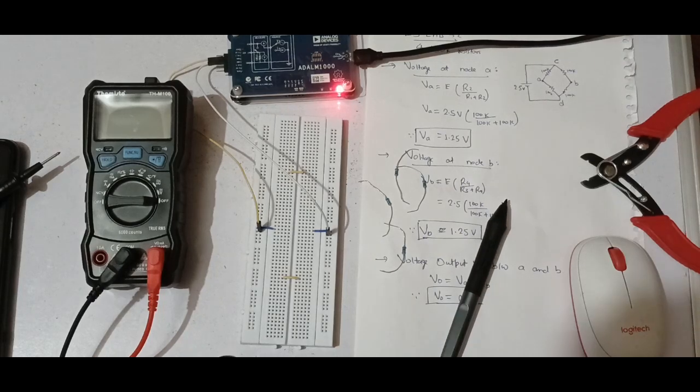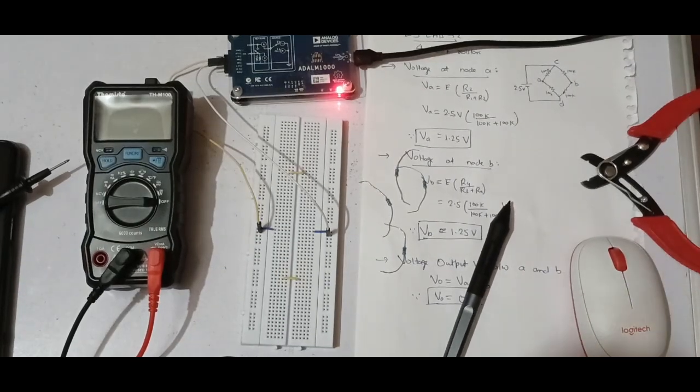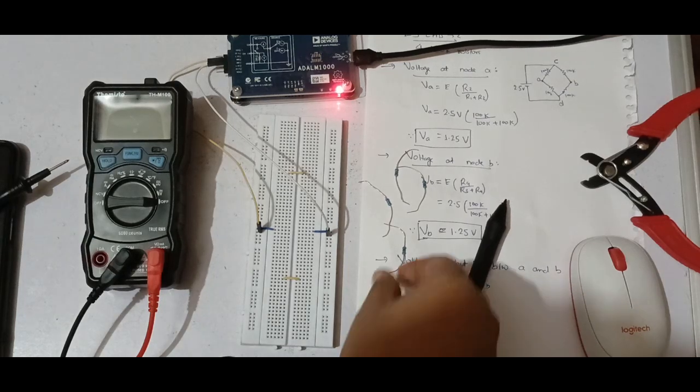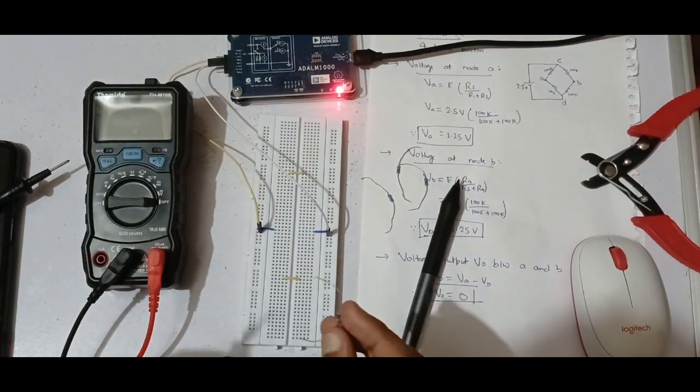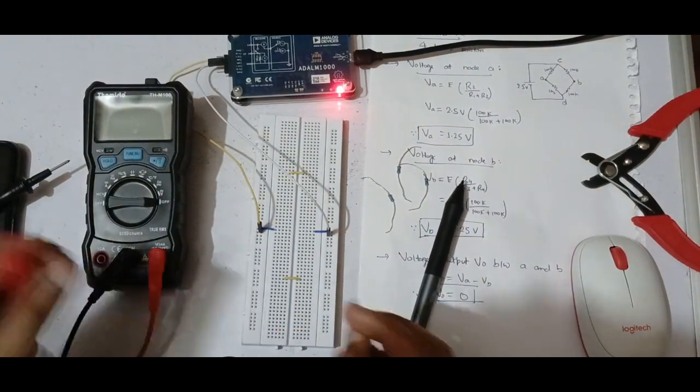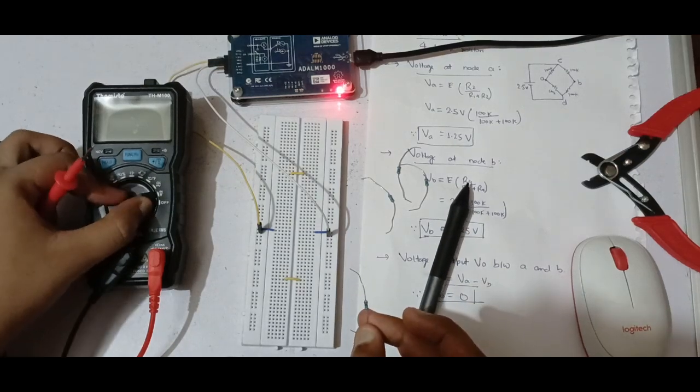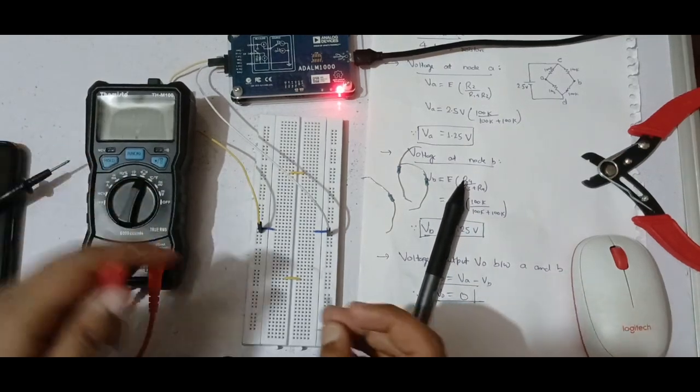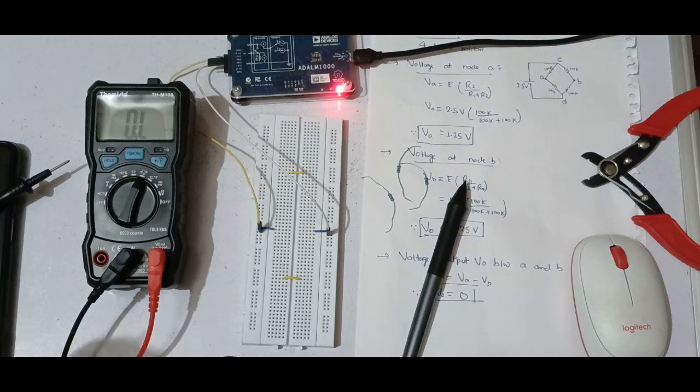Okay, so in part 1 of this Wheatstone Bridge measurement, firstly we have to find out these resistance values using this multimeter. So let us do that.